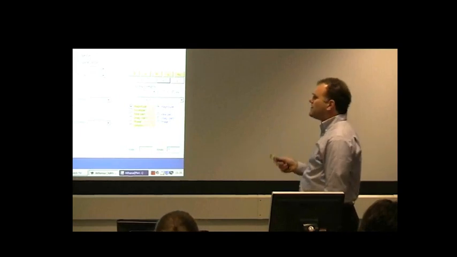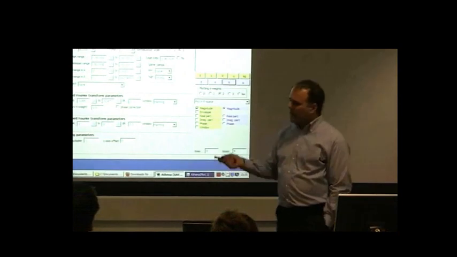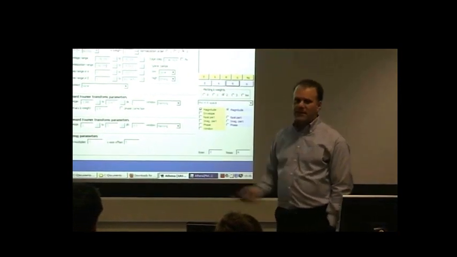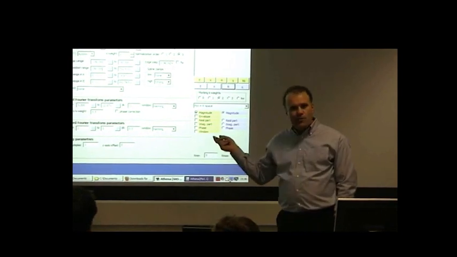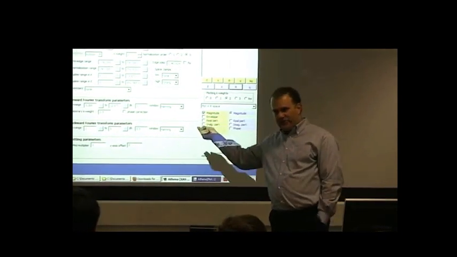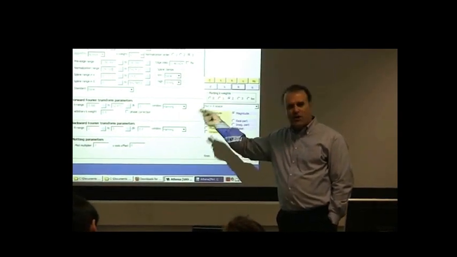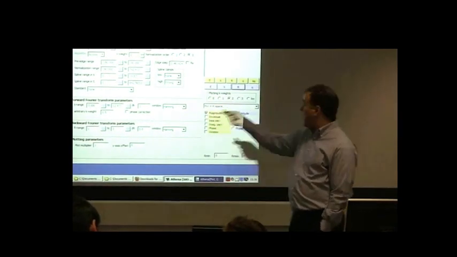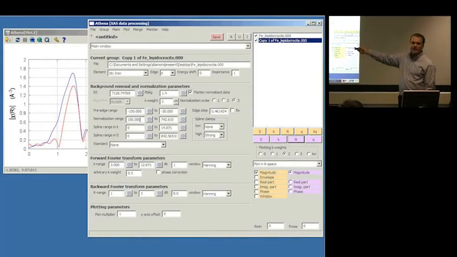So the criterion about removing the background ultimately isn't about making the low R peaks look pretty, right? It's about not changing the answer when you ultimately do the data analysis, not changing the answers that you get by virtue of what number you choose right there. If I choose 1.4, I will change the answer.